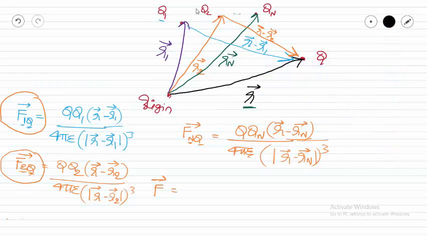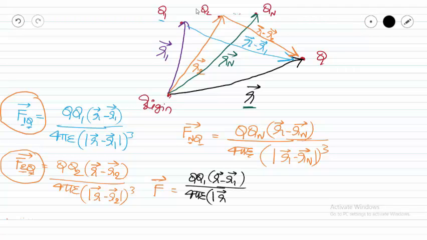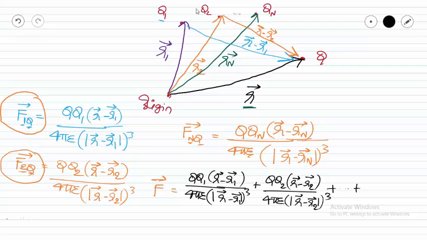Let us write it down: q1 by 4 pi epsilon, r bar minus r1 bar divided by magnitude r bar minus r1 bar whole cube, plus q2 r bar minus r2 bar divided by 4 pi epsilon magnitude r bar minus r2 bar whole cube, plus and so on, plus qn r bar minus Rn bar divided by 4 pi epsilon magnitude r bar minus Rn bar whole cube. So this is the final expression.